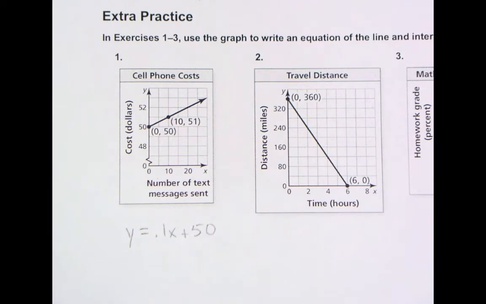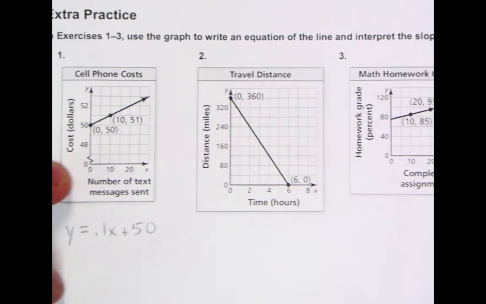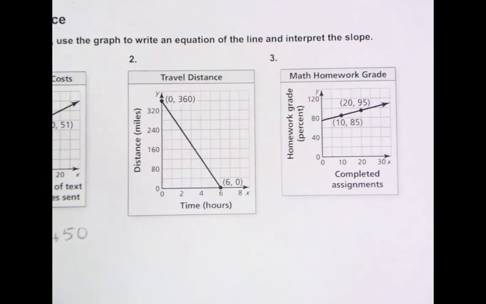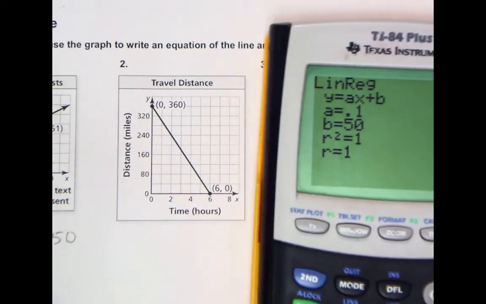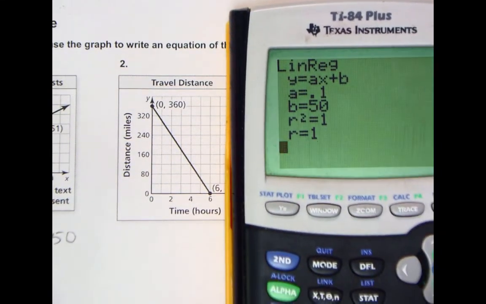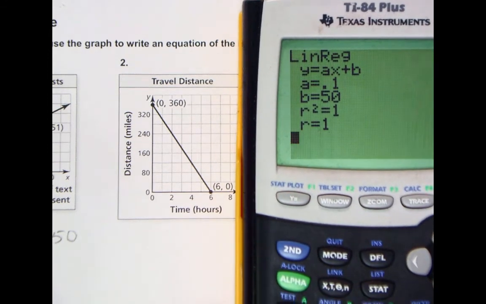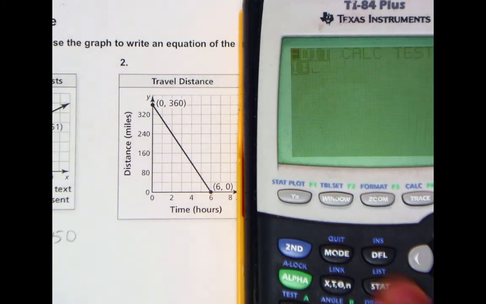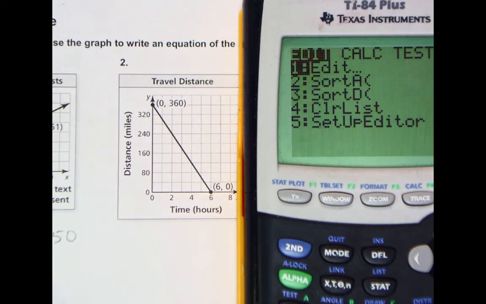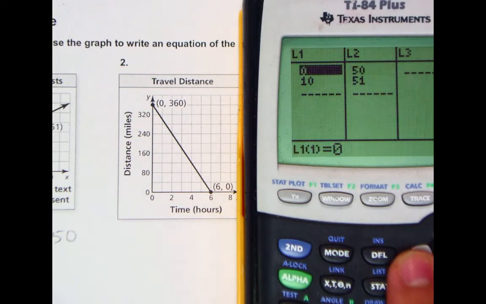So let's try this again. We'll try it using the second problem here. So again, bring out my handy dandy calculator. Try not to cut off anything there. And we're going to clear this out, go back into our stat, go to edit, and we're going to replace our numbers with the ones that are there.